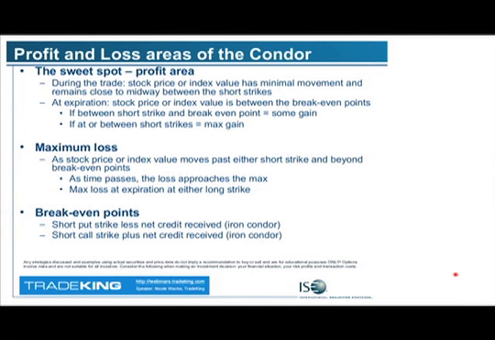And the more that it moves closer to one of the short strikes, the loss increases. Also, as expiration approaches, it is easier to realize the maximum loss because time is decaying.